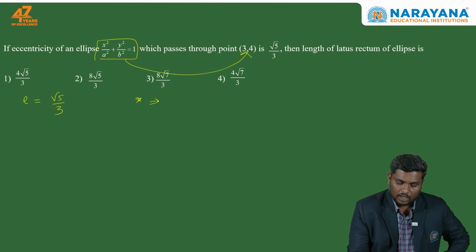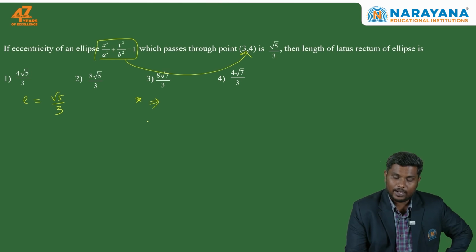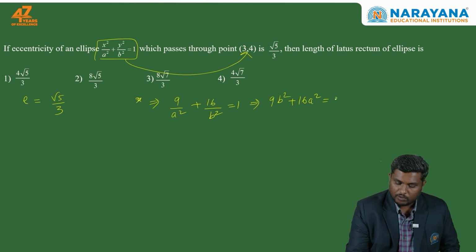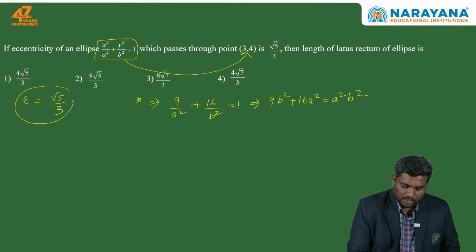So right away it gives us one equation in b and a: 9 by a square plus 16 by b square equal to 1. If I expand this, 9b square plus 16a square will be equal to a square b square. Once again, there is a condition on e, the eccentricity. If you recall the formula of eccentricity for an ellipse, b square by a square is equal to 1 minus e square.